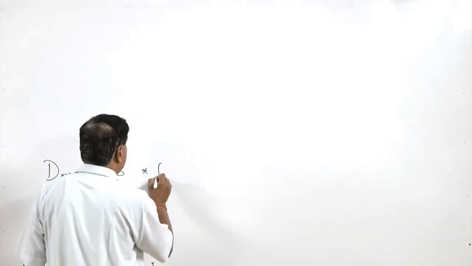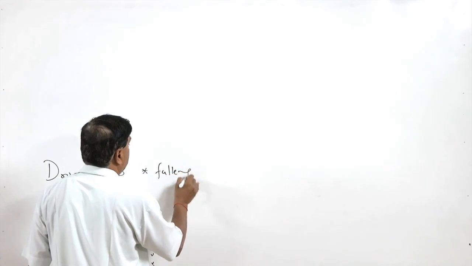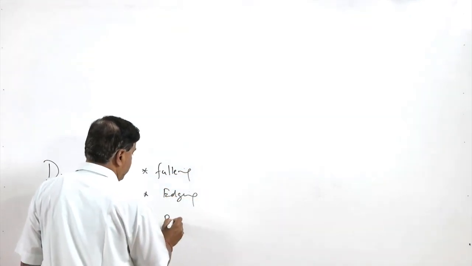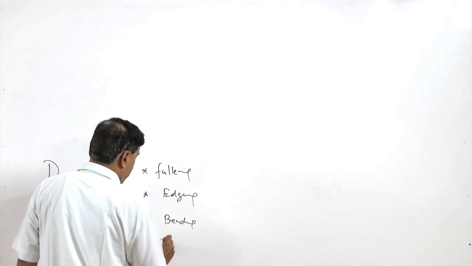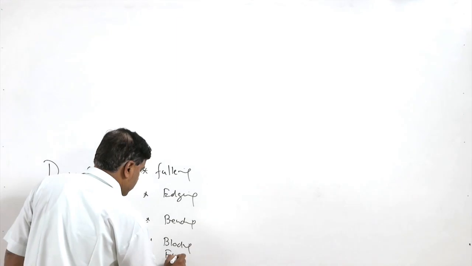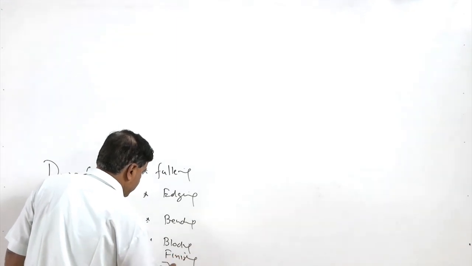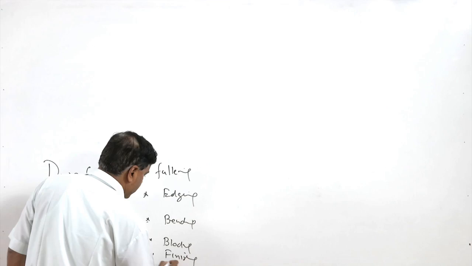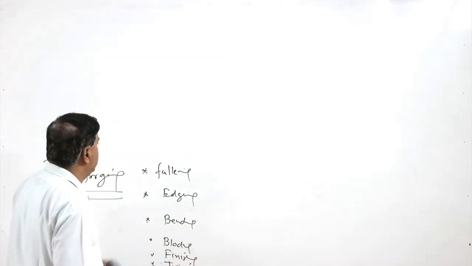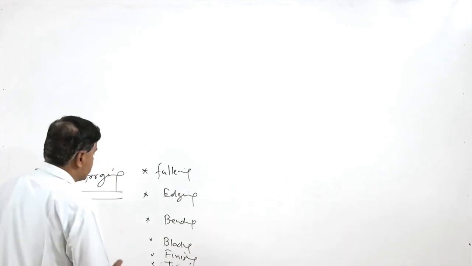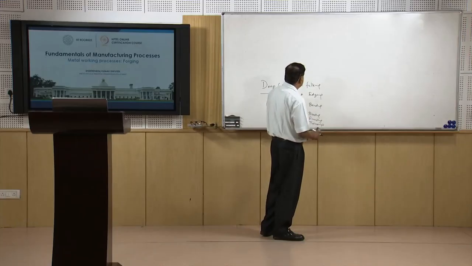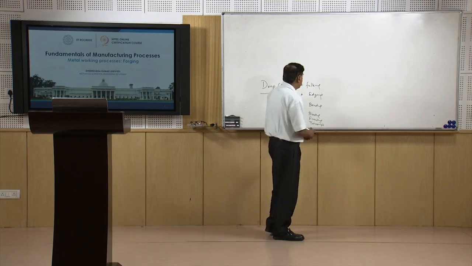These steps are fullering, edging, bending, blocking, finishing and trimming. So, the purpose of all these steps is that for making these somewhat complex shapes, we need to follow certain steps depending upon the geometry of the product to be made.